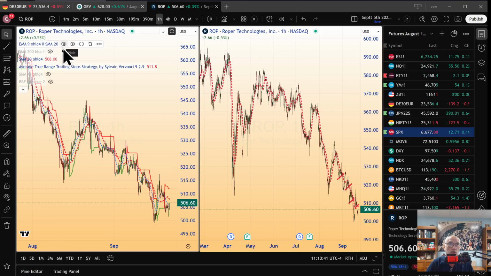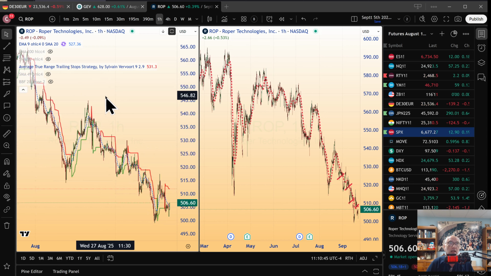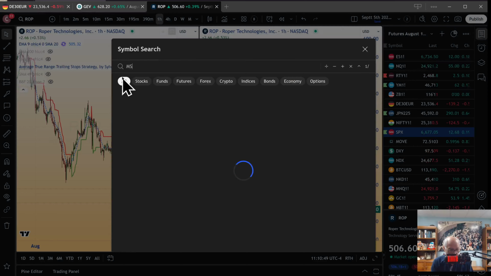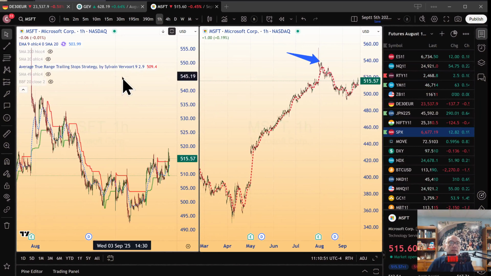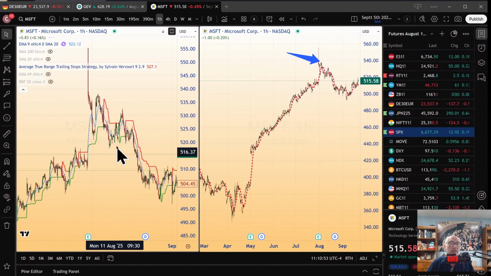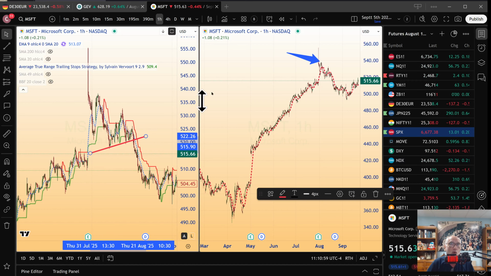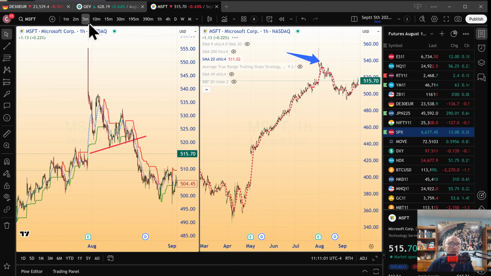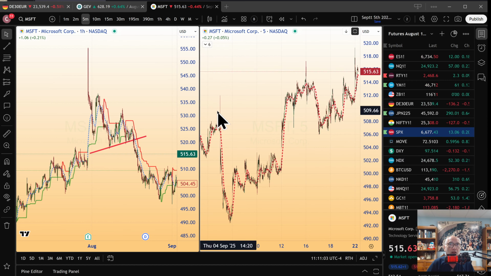You can take off the 9 and the 20. Just take the ATR trailing stop. Is Roper in a downtrend? Well, we already know it is. Let's take a stock like Microsoft. Longer term in an uptrend, but it was in a downtrend on an hourly. So within that hourly, you're going to be able to find like 5-minute bear flags.